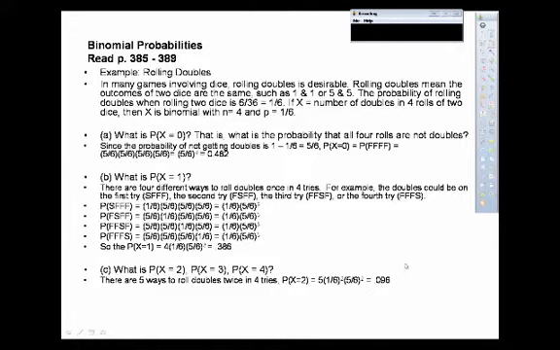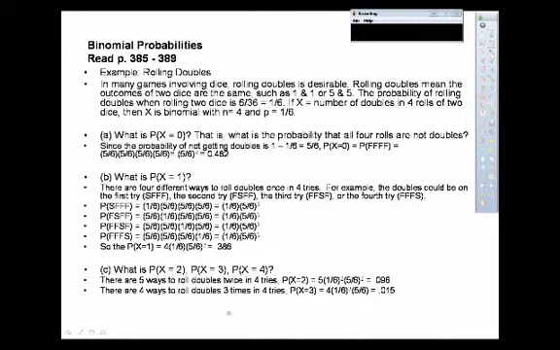To roll 3 successes, 3 doubles, there are 4 ways to roll doubles 3 times in 4 tries. So we're going to multiply by 4, and we've got our successes cubed times our failures, and we get 0.015.